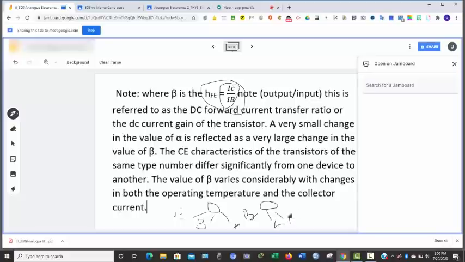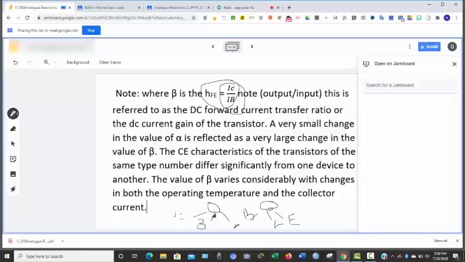So you must always look at the data sheet of the transistor to identify what the parameters of this transistor are that I want to use. What are the characteristics of the transistor I want to use?